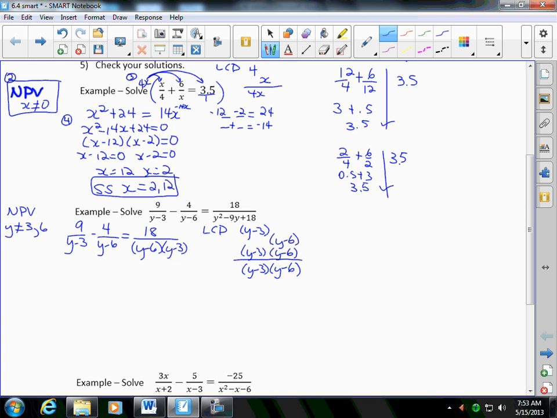So I have to multiply everything through by this. For the first one here, I'll multiply by y minus 3 over y minus 6. I have to multiply my 4 by y minus 3 times y minus 6. And I have to multiply my 18 by y minus 3 times y minus 6.